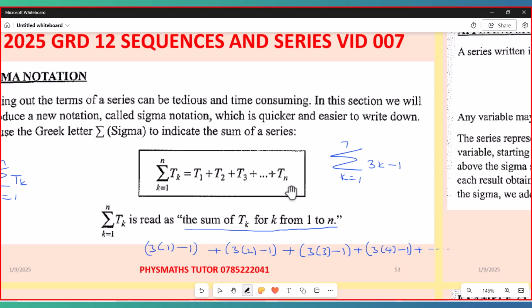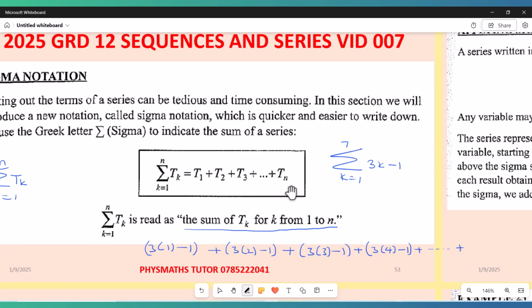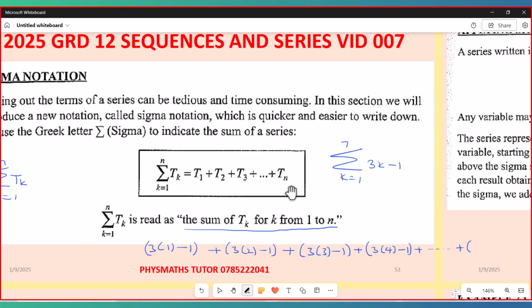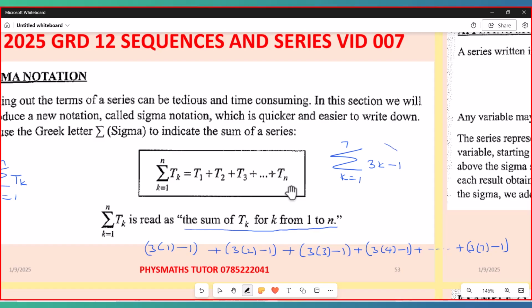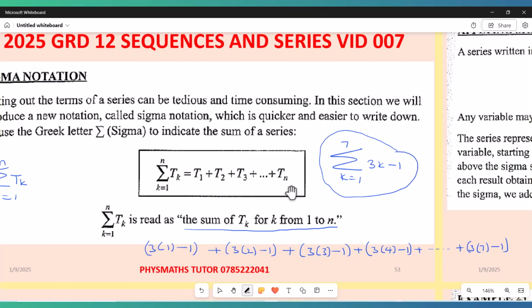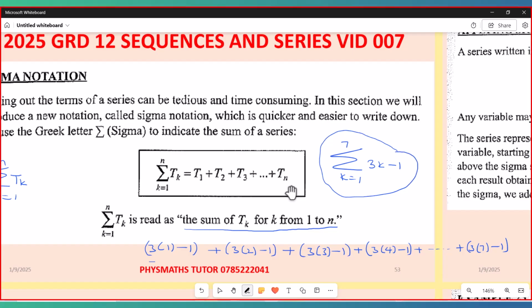My last term must end at 7, so what am I going to write? 3 times 7, minus 1. So basically, what you see here is what is described by this notation. This notation means exactly what you see from here up to here.